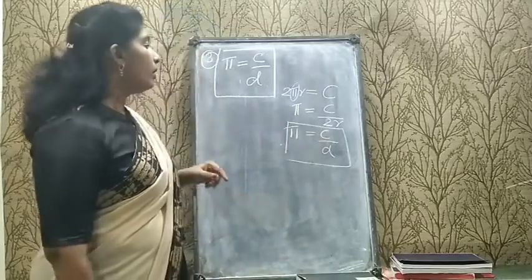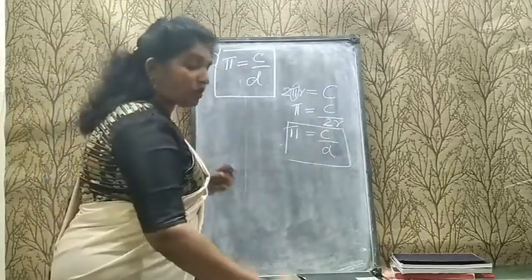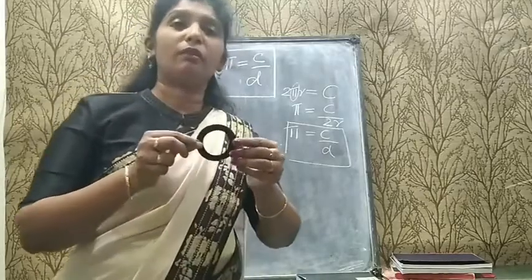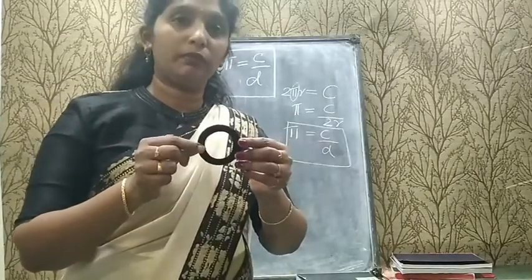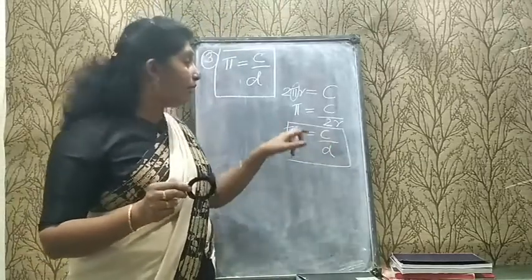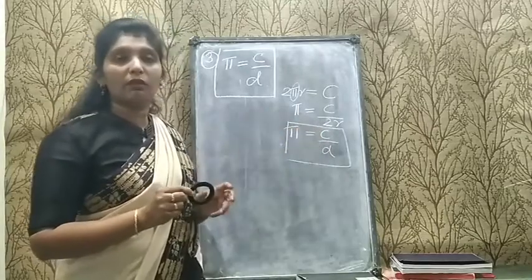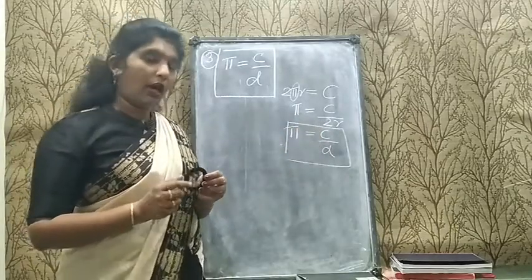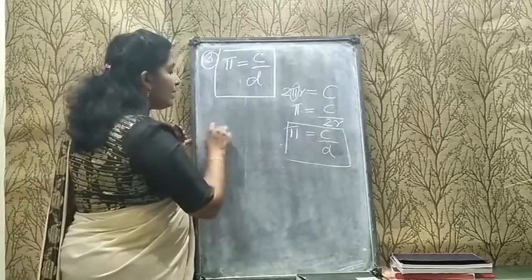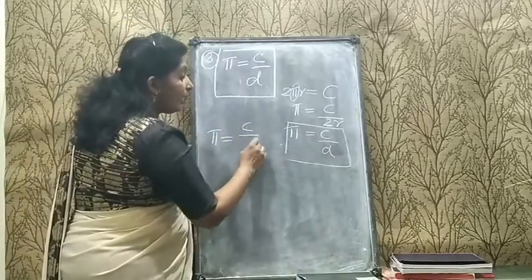Okay. So here, I will take one small circle. Are you able to see? I took one circle here. I will take the circumference of the circle and the diameter of the circle, and I will take the ratio of the circumference and the diameter. Already you know that pi is equal to circumference divided by diameter.